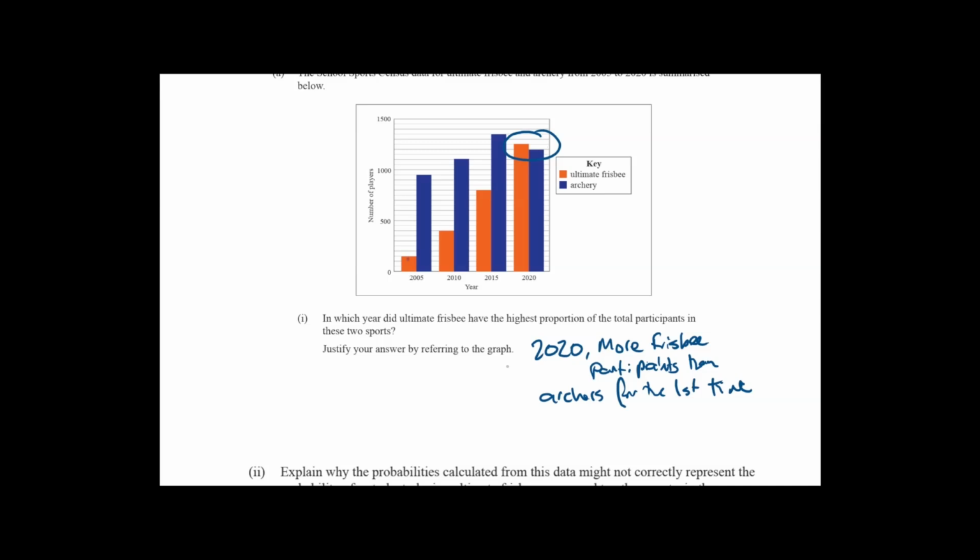And also, it looks like ultimate frisbee may have been underestimated or be a growing sport, because there is this huge uptake in numbers, which would tend to denote that it's either been underreported or it's a new sport. It's gaining in popularity really quickly.